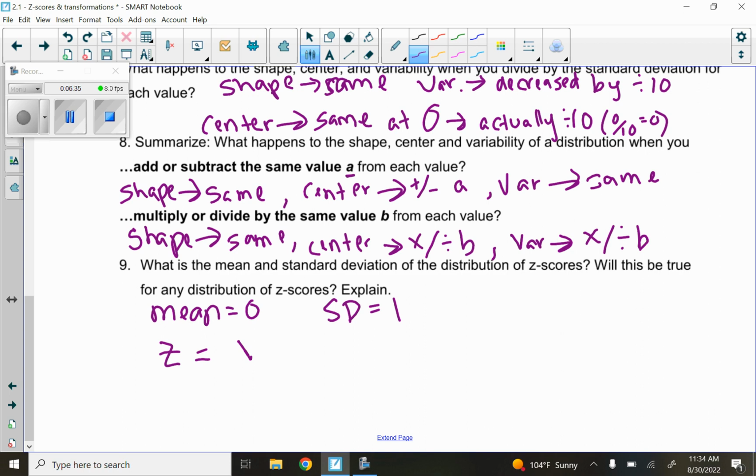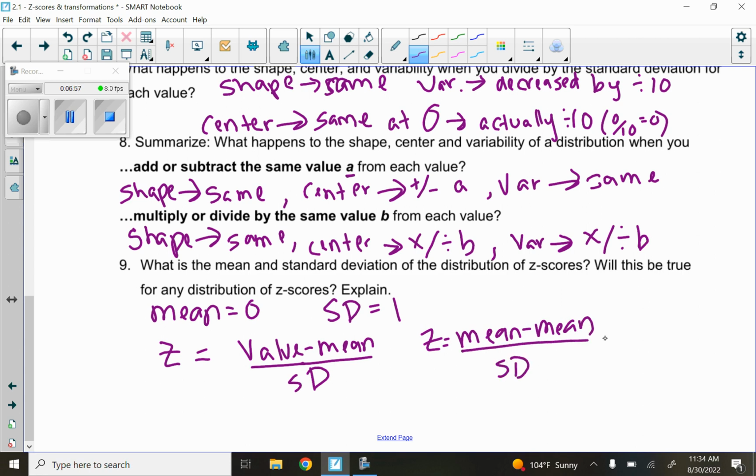A z-score is your value minus your mean divided by your standard deviation. So when we are transforming and taking our mean minus our mean and then dividing by that standard deviation, well, that mean minus that mean is always going to cancel out to 0 divided by your standard deviation, which is still going to be 0.